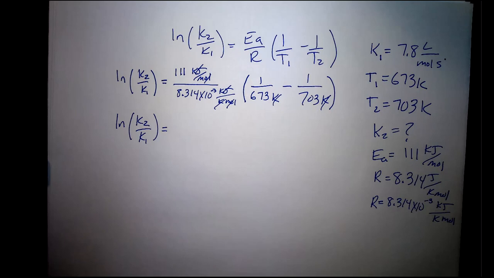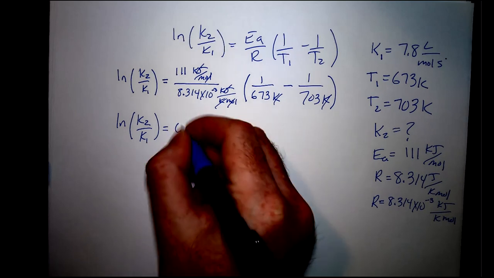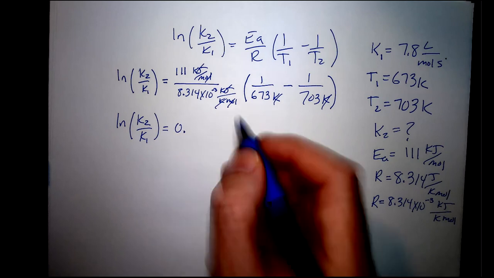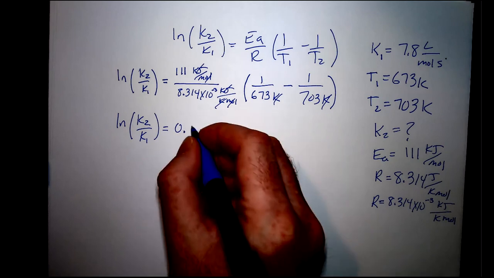So let's run the numbers through our calculator. And so we get 0.847, going to 3 sig figs on this.